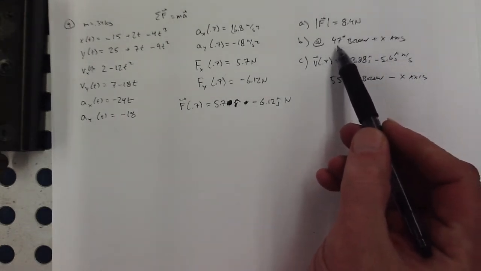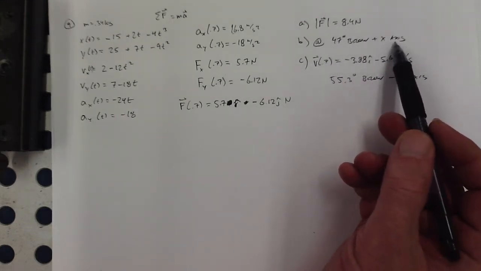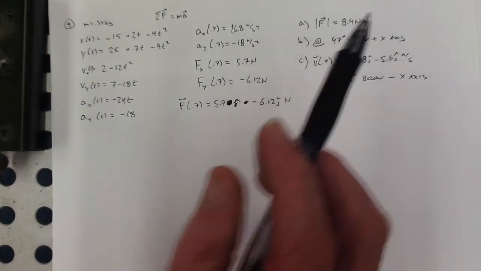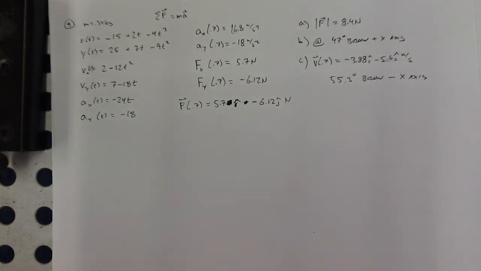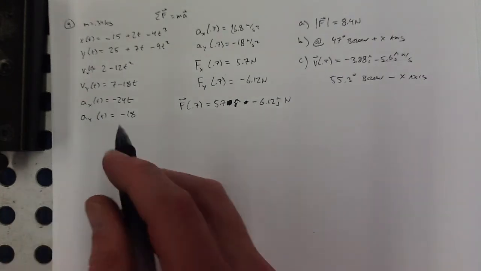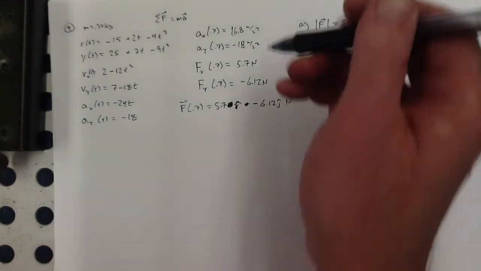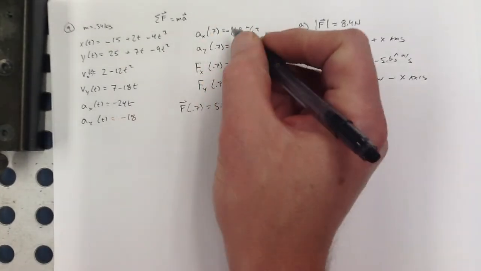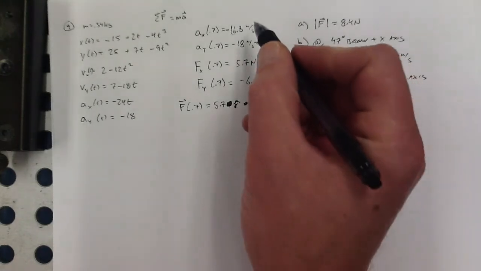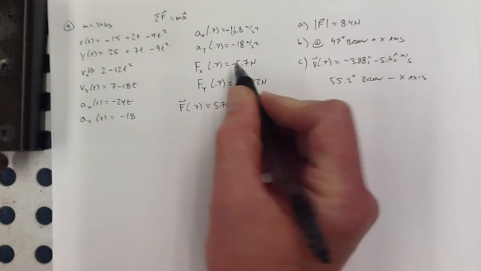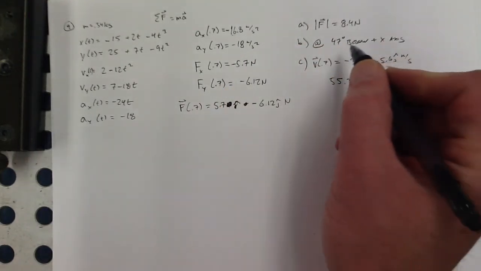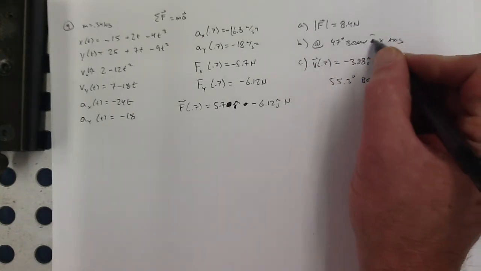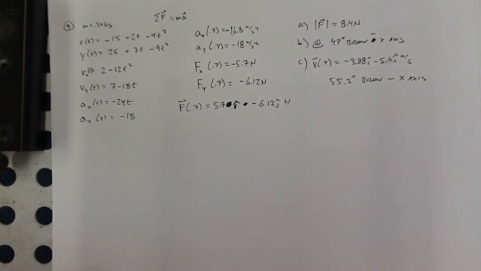Is that the same as this? Below the positive x-axis. That is not the same as that. Did I make a sign mistake somewhere? Oh, maybe I did. Yeah, I lost a negative sign there, didn't I? So that is going to change that, and now it's negative negative, so that's below the negative x-axis. All right, fixed.